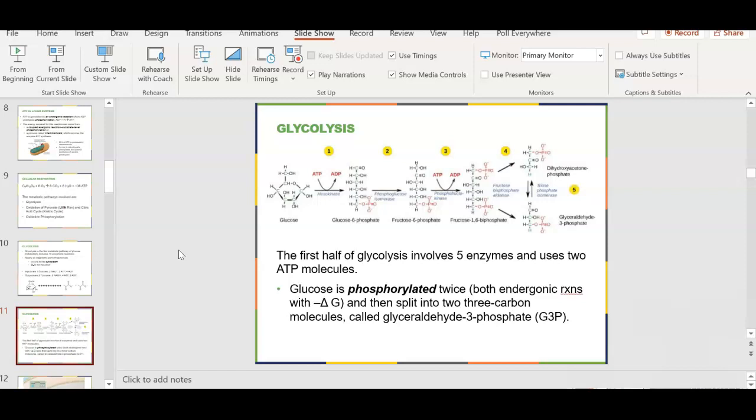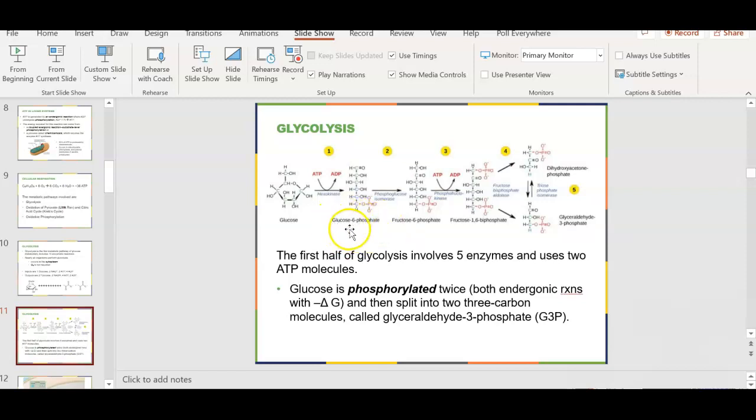This is a coupled reaction where the energy released from ATP hydrolysis, so here's the ATP going to ADP, is going to push this reaction that would not normally be favorable. So this would be the endergonic piece of it, going from glucose to glucose 6-phosphate, but it does happen because of this. So glucose becomes phosphorylated right here. So now glucose becomes this thing called glucose 6-phosphate.